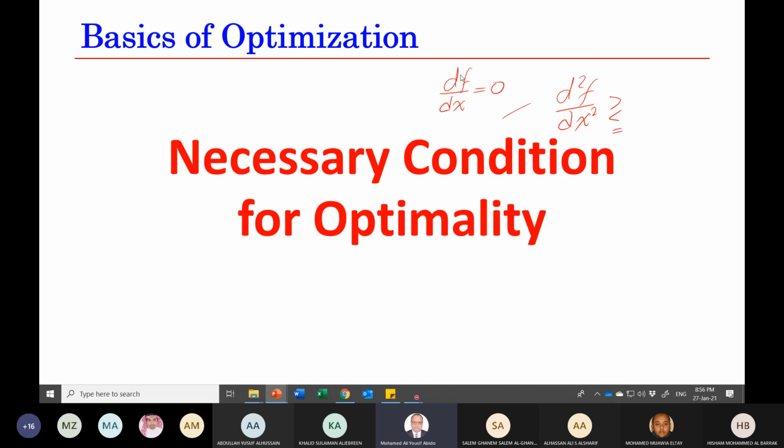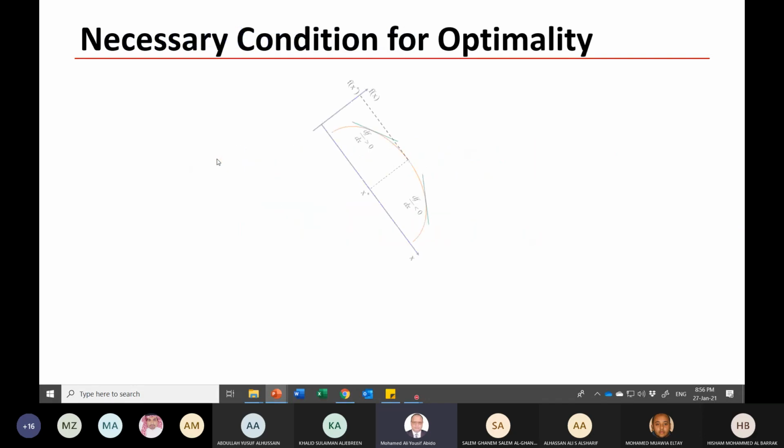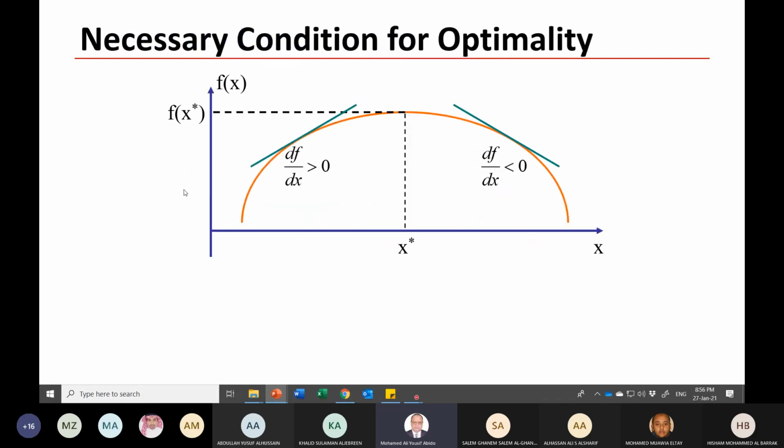Of course, we can expand this if you have several variables. In this case, you have the gradient, partial f over partial x1, x2, x3, x4, so we have a vector here. And the second derivative will be a Hessian matrix. So this is the necessary condition for optimality: at x star the derivative is equal to 0.